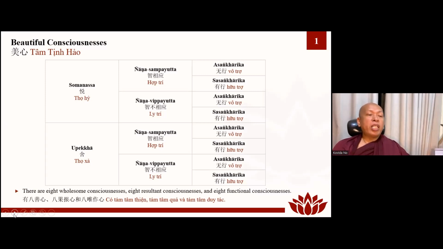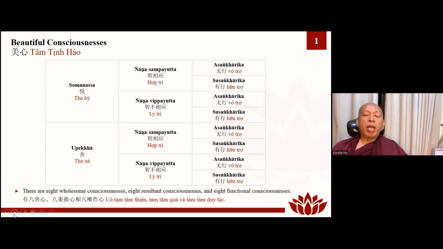In somanasa also, we have 2 different types, associated and dissociated. In upekkha also, associated and dissociated with knowledge. Then also we have prompted and unprompted. Sometimes we do good things willingly, although nobody encouraged us. At that time, we can say asankharika, unprompted.